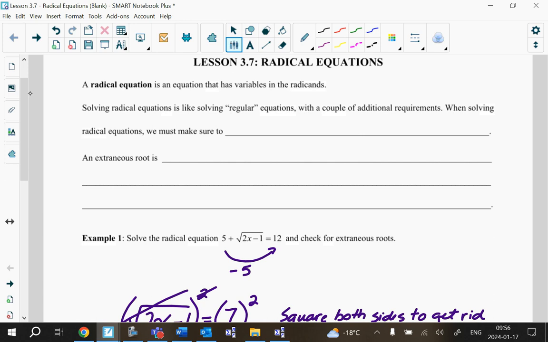And just sort of talk about what we did. When we solve radical equations, we must make sure to identify any extraneous roots. And what is an extraneous root? And remember, root means the same as solution.